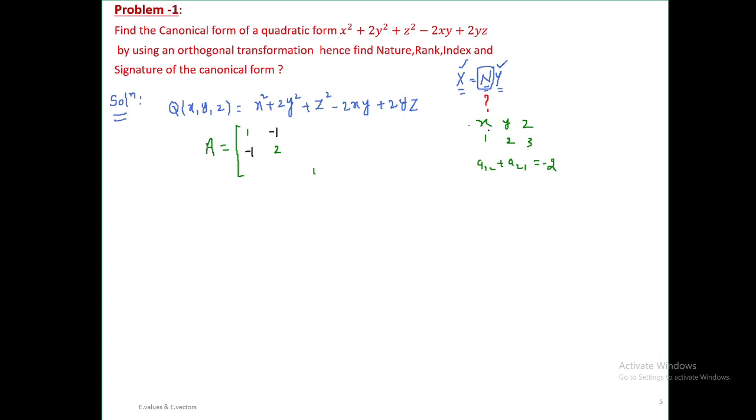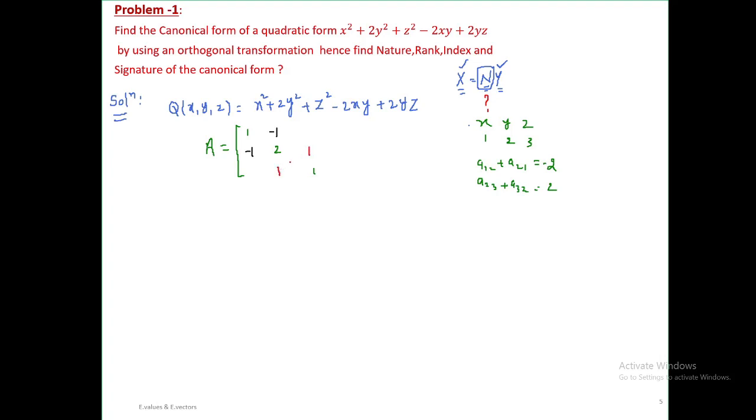Next, y into z. Y into z means 2 3, that is a23 plus a32. The y into z coefficient is 2. This one is a23 and this one is a32, so the sum is 2. Therefore this is 1 and this is 1.